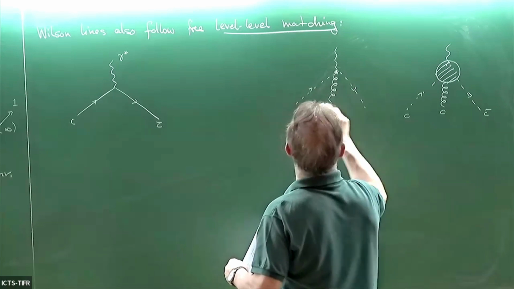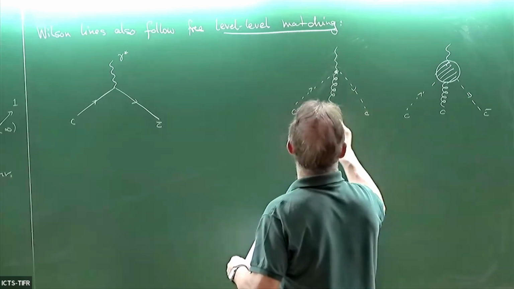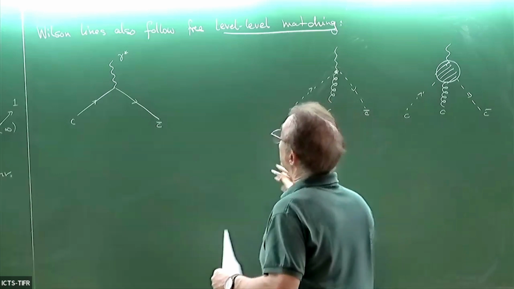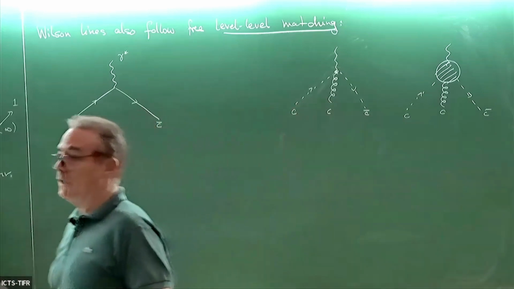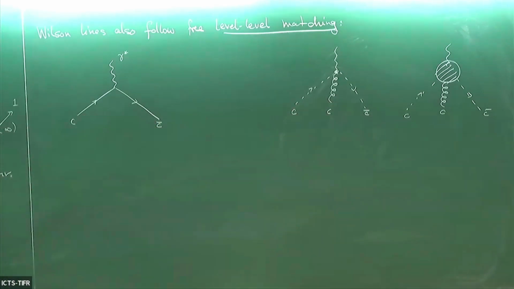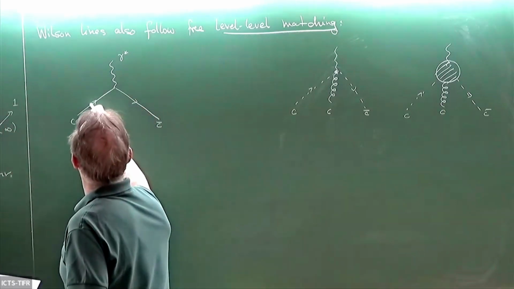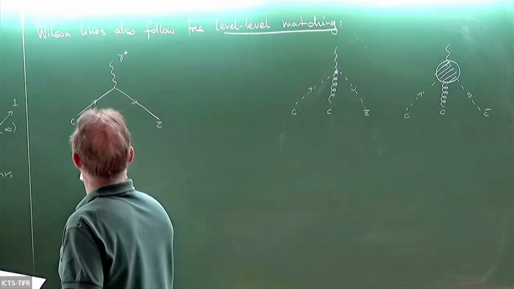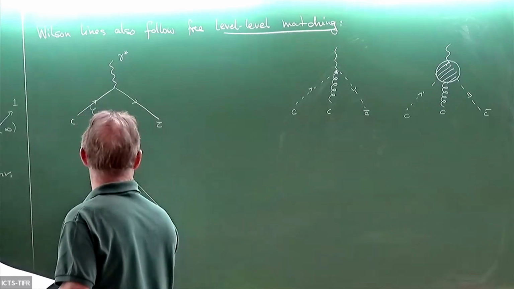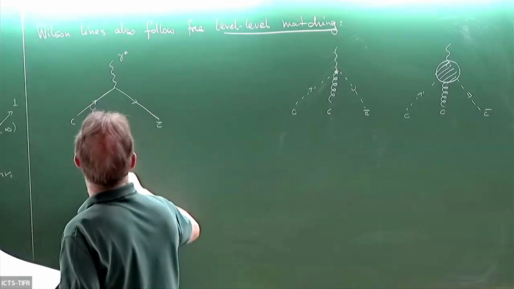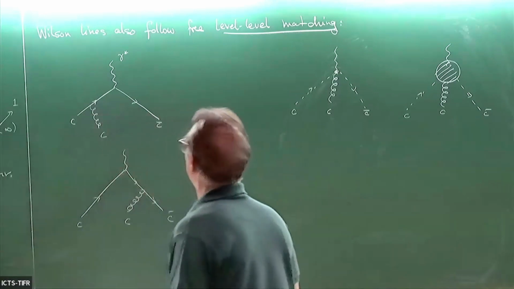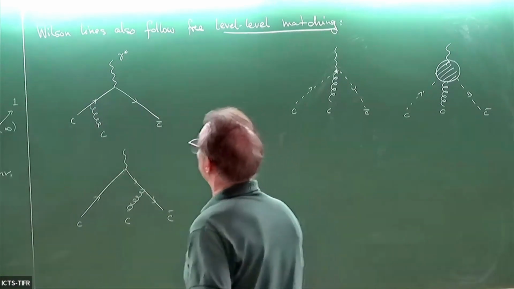But the question is, what diagram in the full theory would give me such a contribution that I get a point-like interaction with this gluon? Well, where can I attach the collinear gluons? There's exactly two possibilities. I can attach it here, and I can attach it here. So these are my two possibilities. Now, you tell me what happens.